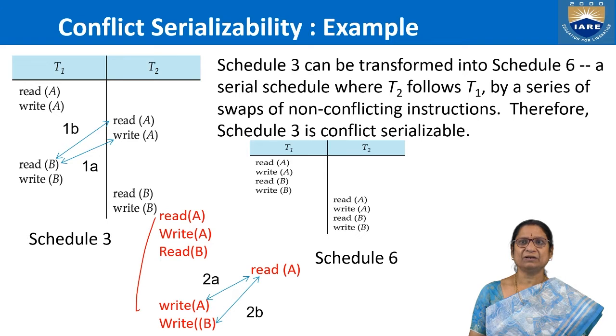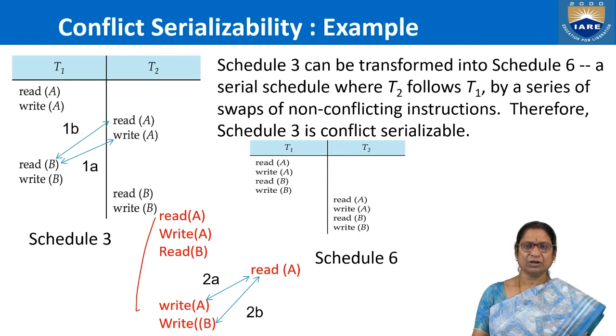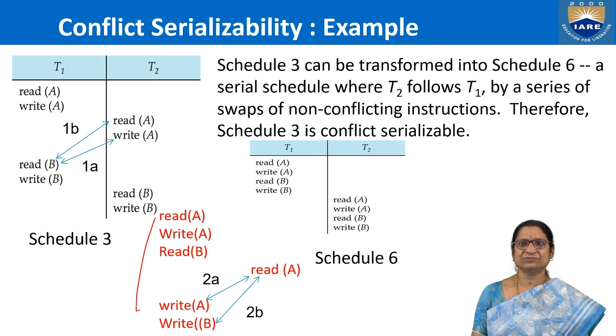Now in this example, you observe read A, write A, write B. Read A is completed, so it was moved down. With this, write A and write B can also be interchanged.